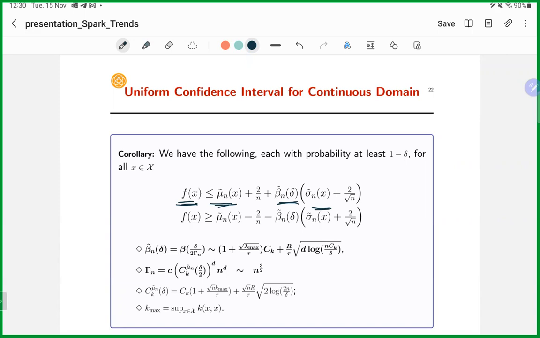In practice, there are going to be correlations between the error that you make at one point and the error that you make at another point. They're not going to be independent, right? So if you take into account these correlations, you should be able to get a much better bound. And if you know, for example, how these correlations change continuously, in a continuous space, then you should be able to have better results, right?